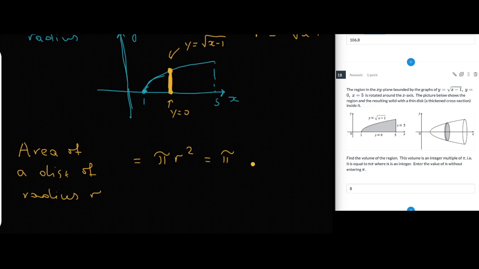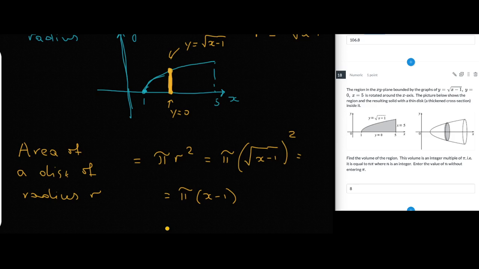Now r, as we just determined, is square root of x minus 1, and that needs to be squared. And so we get pi times x minus 1. This gives us the area of the cross-section of our solid by the vertical plane given by the specific value of x.